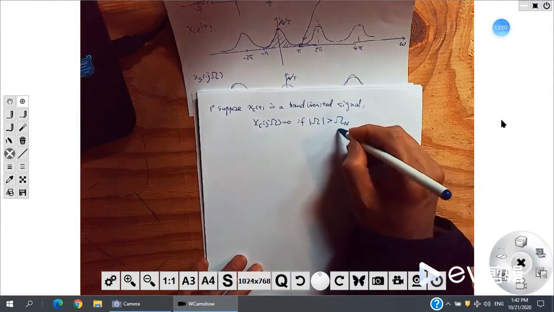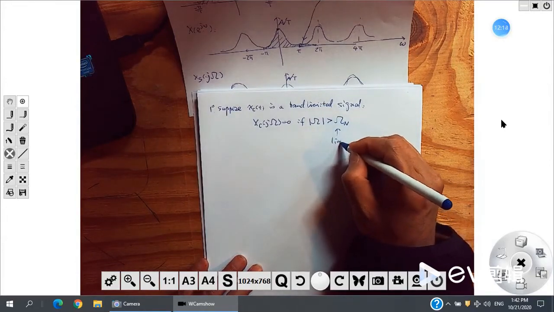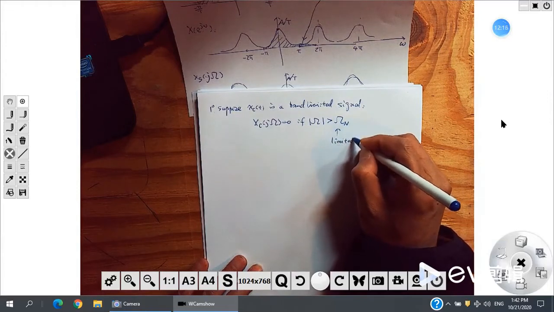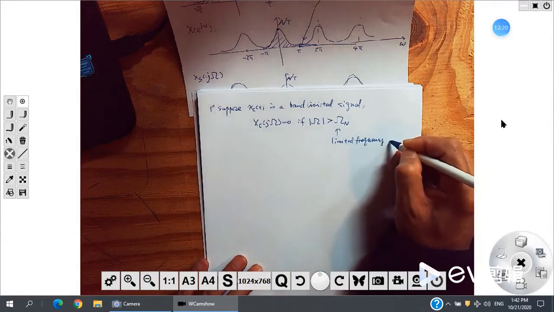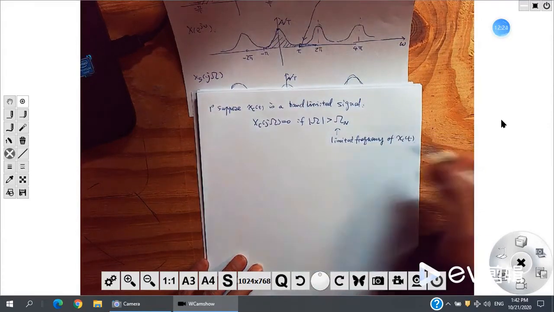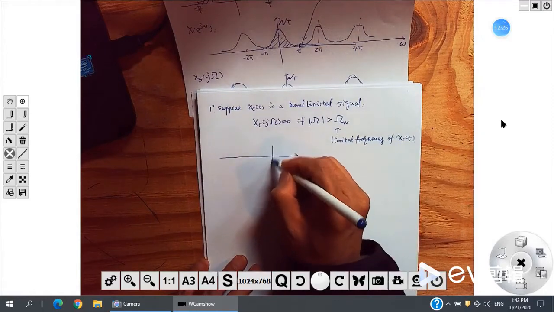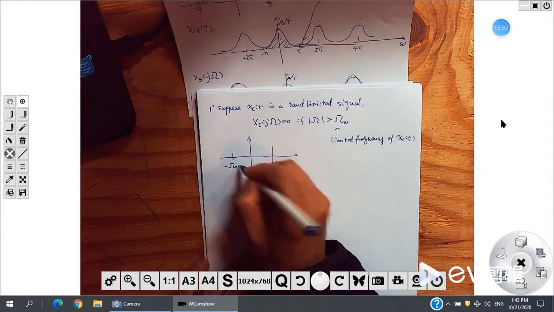And this omega n is called the limited frequency of XC of t. So this is a positive omega n, this is negative omega n.